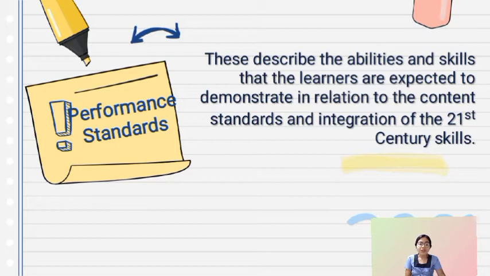They provide all the constituents with the evidences that students have met the content standards, helping teachers define what level of work is satisfactory. In its definition, performance standards describe the abilities and skills that the learners are expected to demonstrate in relation to the content standards and integration of the 21st century skills.